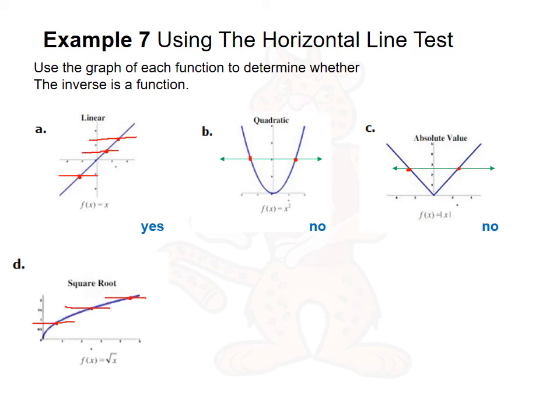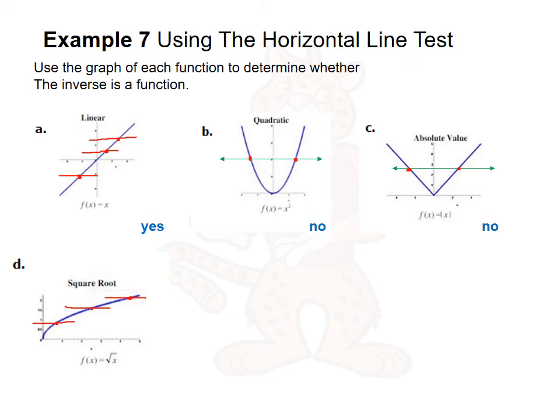And one more, we have the square root function. If we draw a horizontal line, let's see what happens. I have one point of intersection. So what I need to test every time is whether I have only one or more than one point.